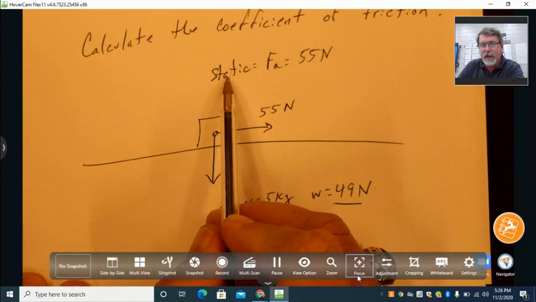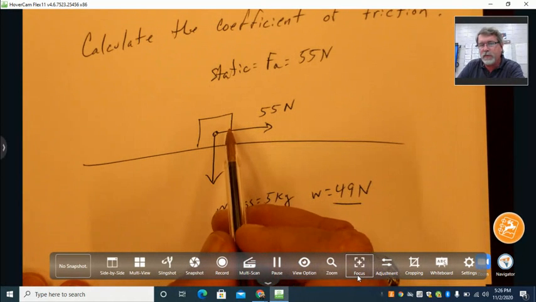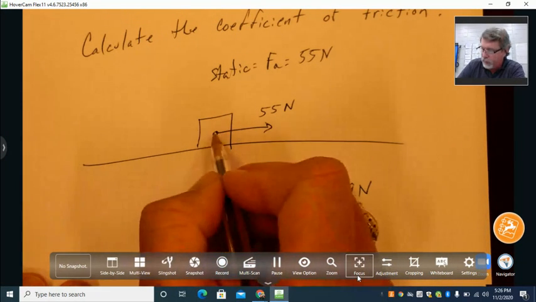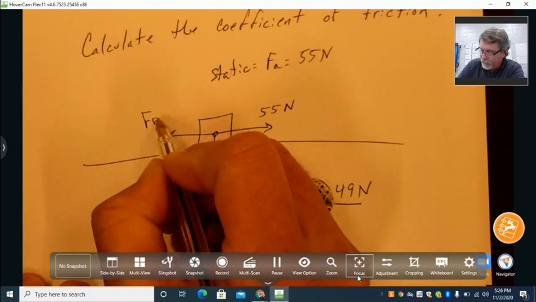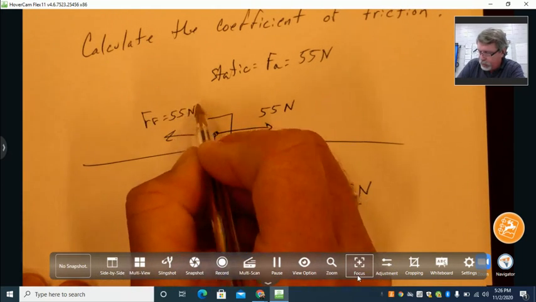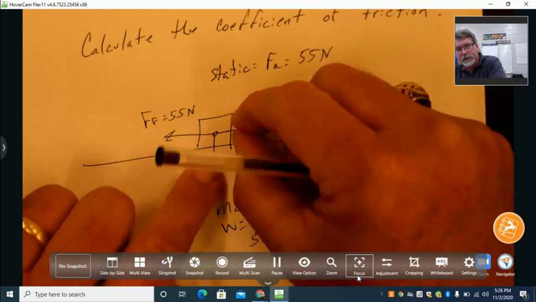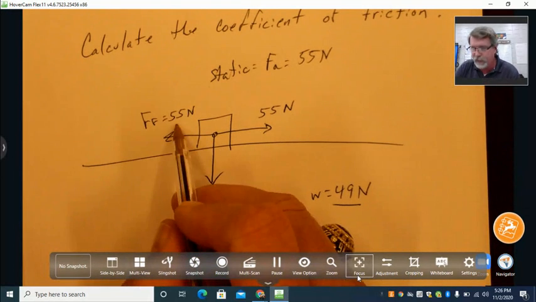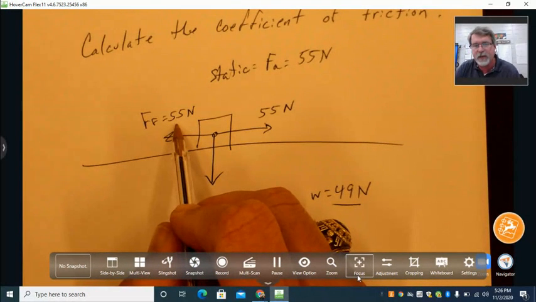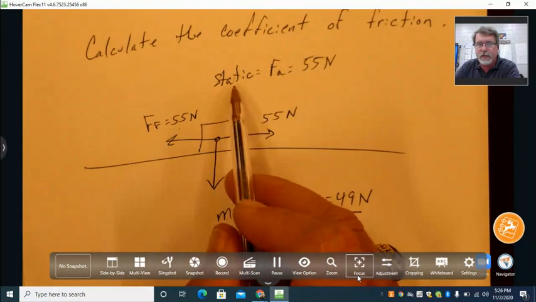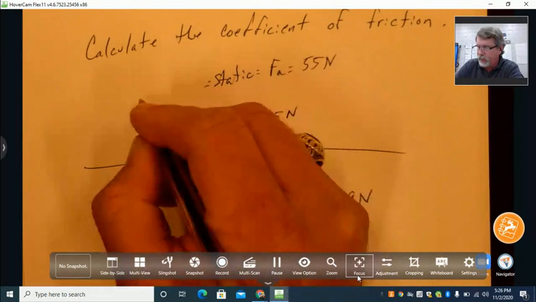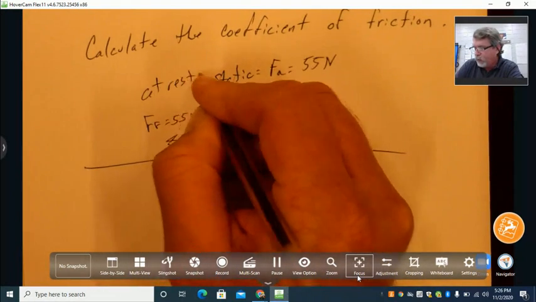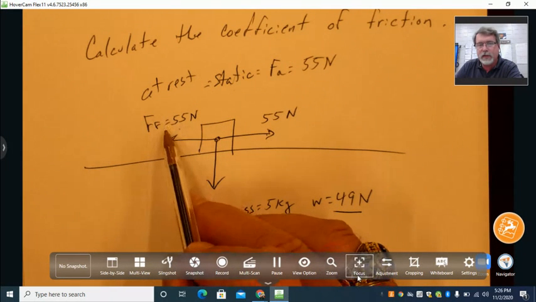And if it's static, that means that 55 newtons has got to equal the force of friction. And it's the force just before it moves. So we're pulling on this box with 55, and the instant before it moves, we know it takes 55 newtons of force of friction. Okay? So in this scenario, static object at rest, the force applied is going to be equal to the force of friction.